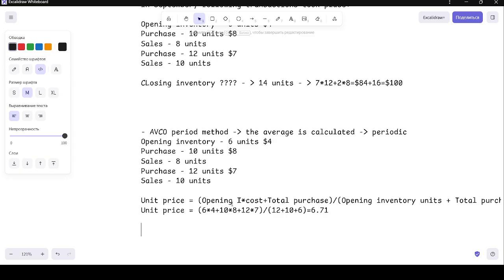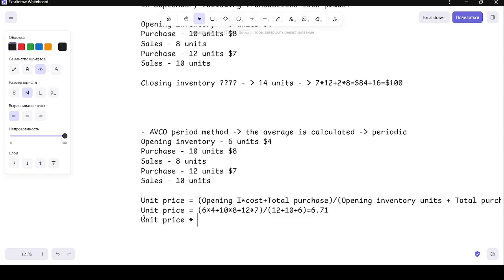What will we do in this case? We have 6 units of inventory plus 10 units of purchase and less 8 units, which gives us 8 units, and also added by 12 units, 20 units less 10 units. So we had 10 units in our closing inventory, and this is multiplied by our unit price.